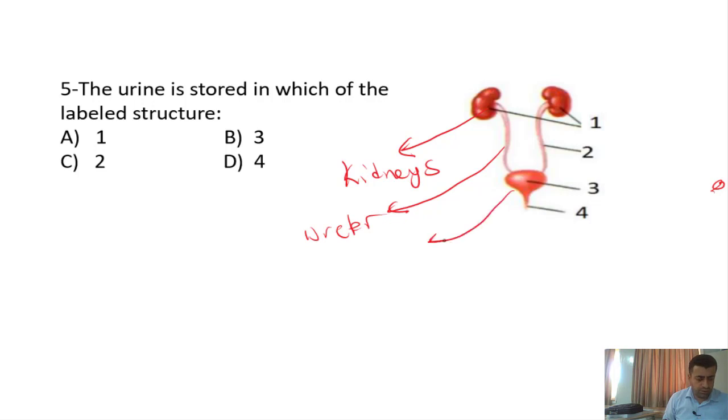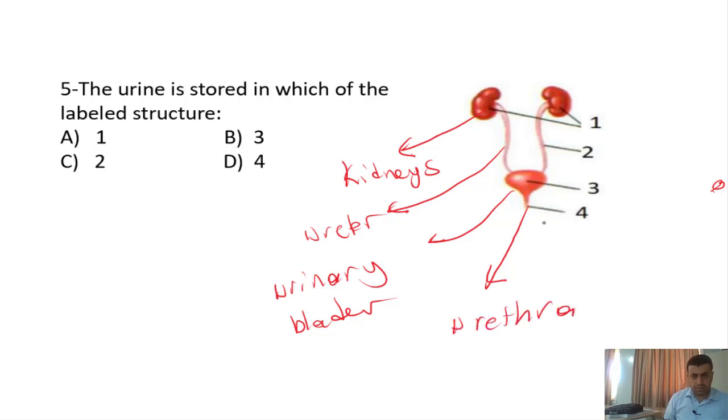Number 3, it will be urinary bladder. Number 4, as you see here, this one, it will be urethra. So the urine waiting in this place, that part, so the answer will be 3.